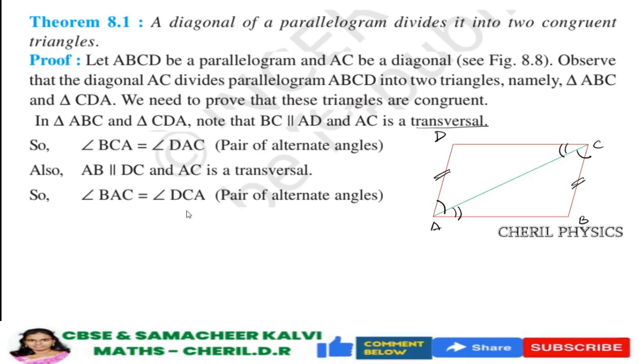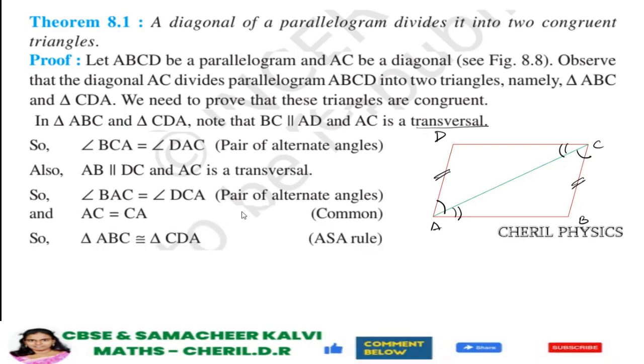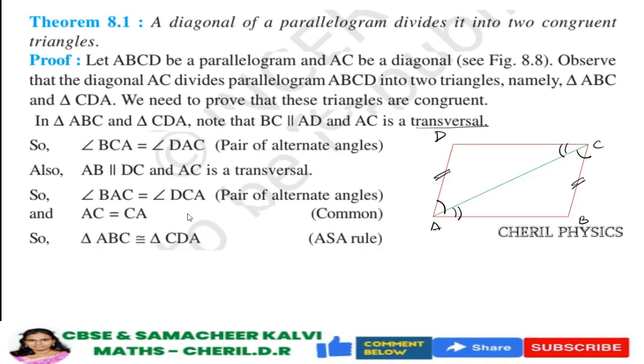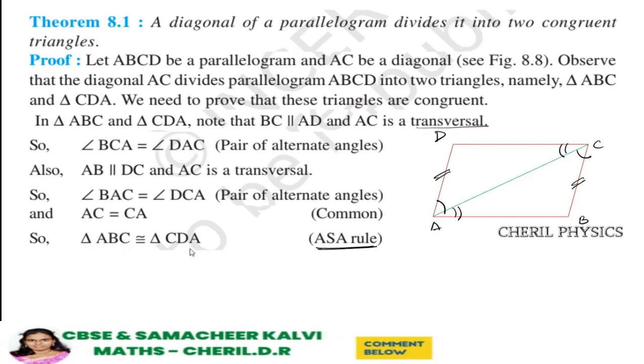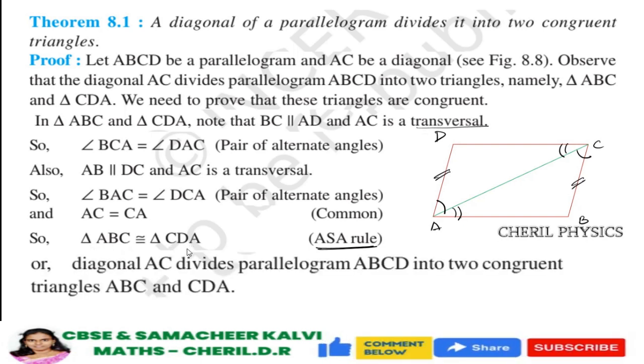These are pairs of alternate angles, and then we know that AC is equal to CA, that is, the side is common. So we are finally concluding with the ASA rule that triangle ABC is congruent to triangle CDA. Thus we are able to prove that the diagonal AC divides this parallelogram into two congruent triangles ABC and CDA. Is it clear, children?